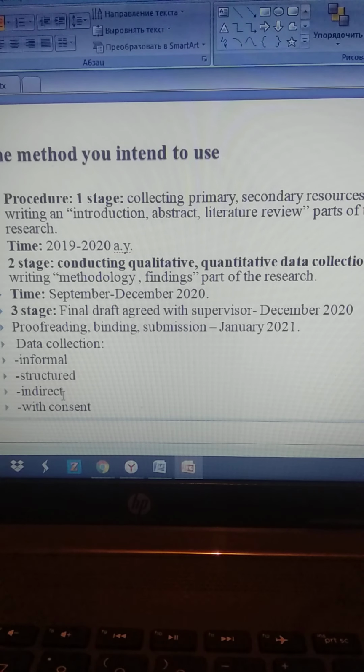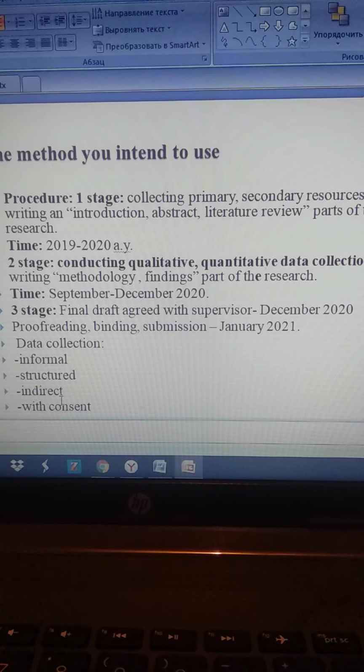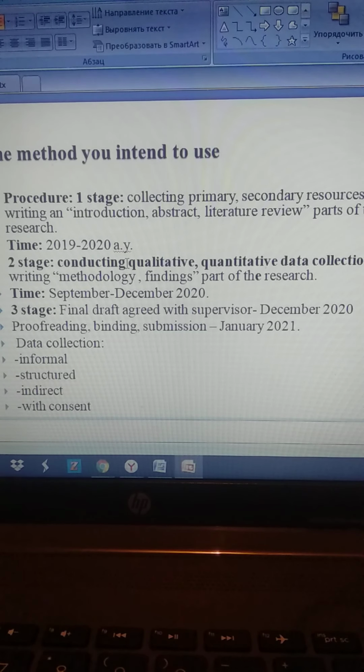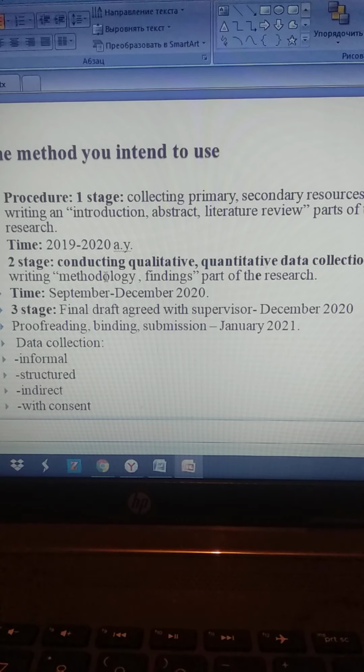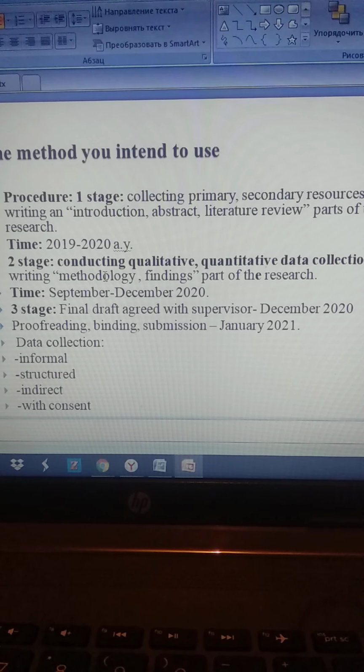The method I intend to use. First of all, the first procedure and the first stage is collecting primary and secondary resources. I have read a lot of articles related to my topic.